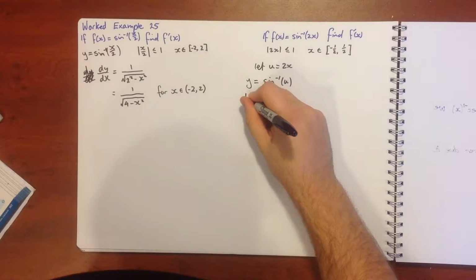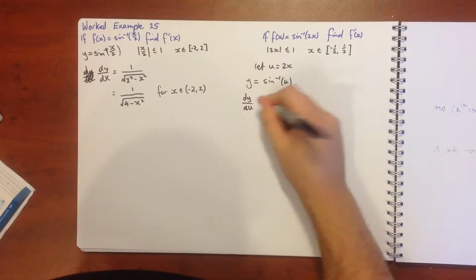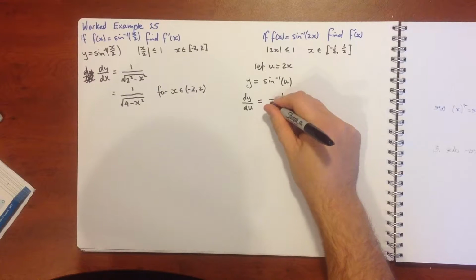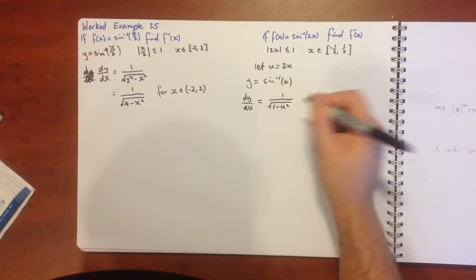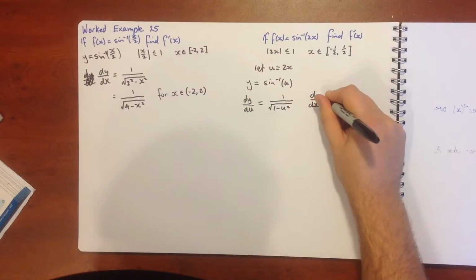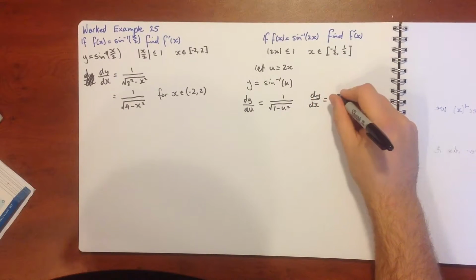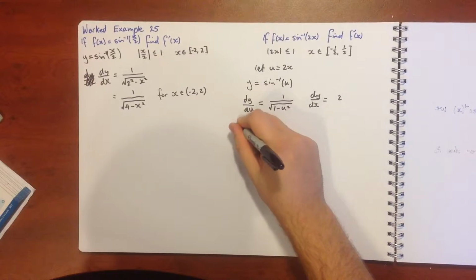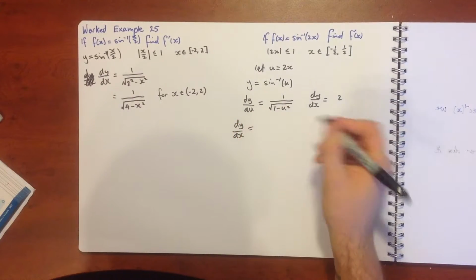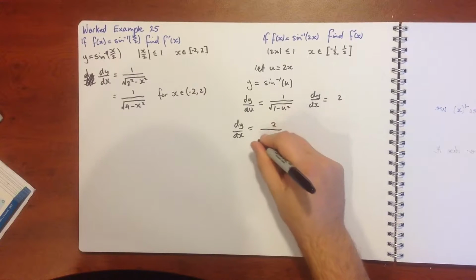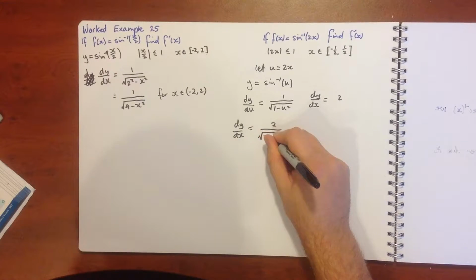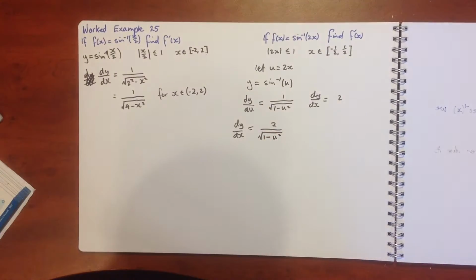We say dy/du is equal to 1 over the square root of 1 minus u squared, and du/dx is equal to 2. Therefore dy/dx is equal to 2 over the square root of 1 minus u squared.